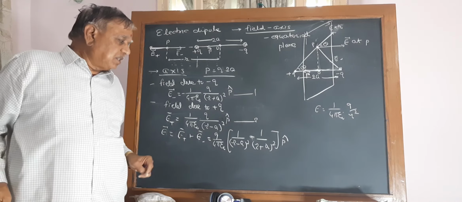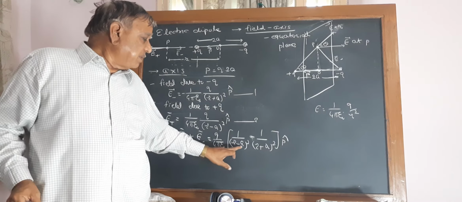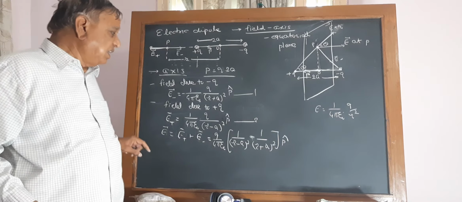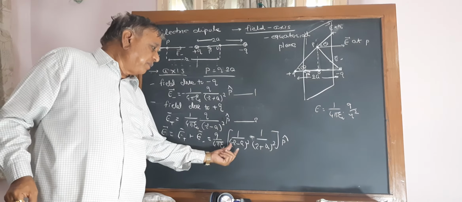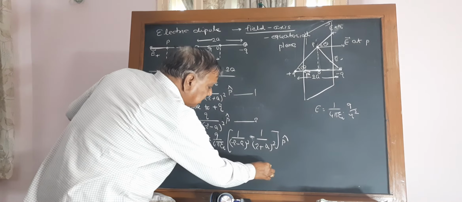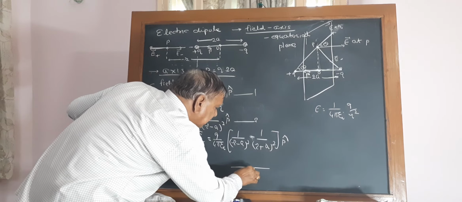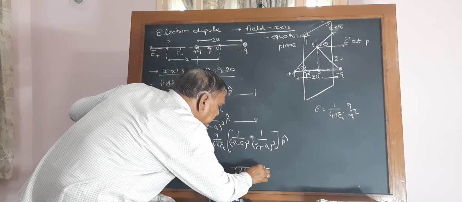Now simplifying, the denominator becomes r square minus a square whole square.